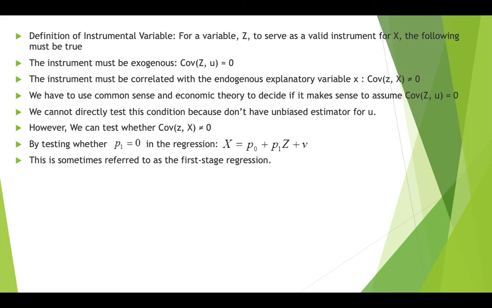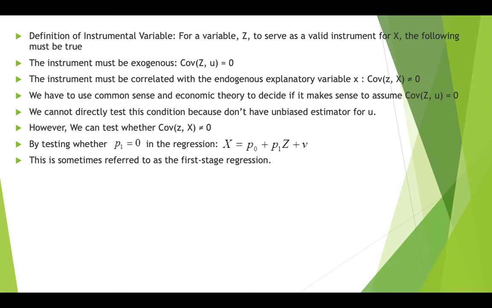We have to use common sense and economic theory to decide if it makes sense to assume covariance between Z and U is equal to 0. We cannot directly test it, because we do not have any unbiased estimator of U. We can test whether covariance between Z and X is not equal to 0. That is the second thing we can test.